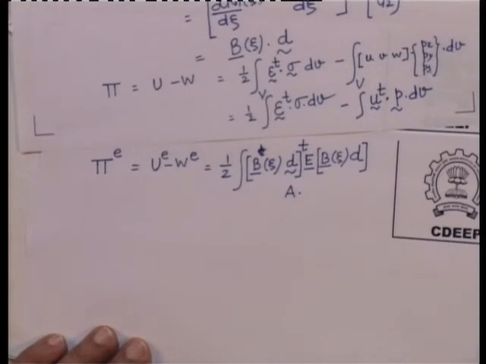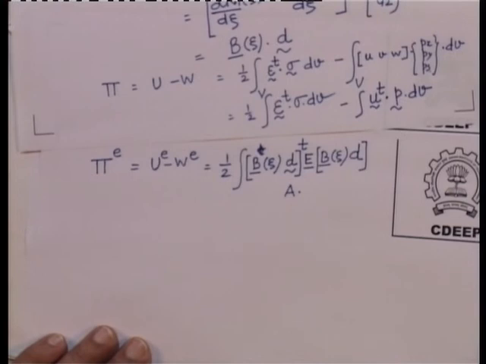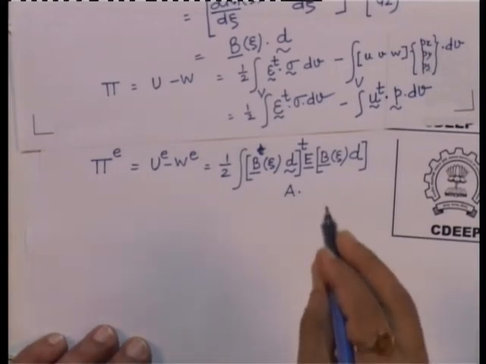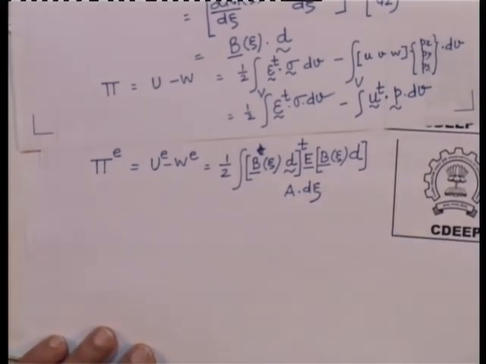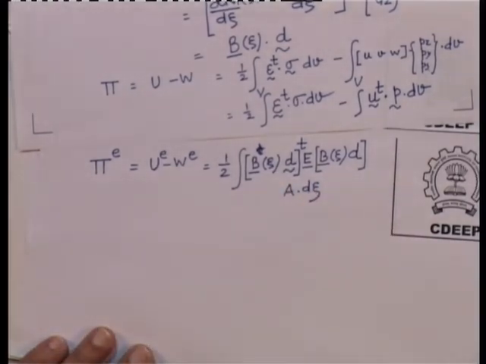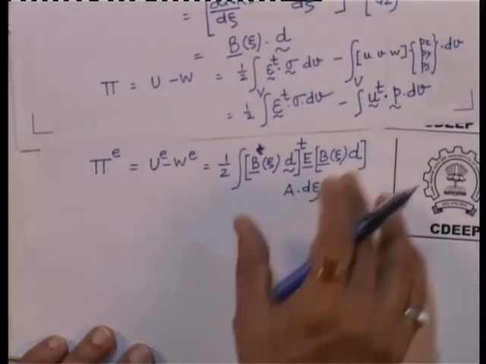Let us say we are doing this for the rod: area of cross section into d psi.